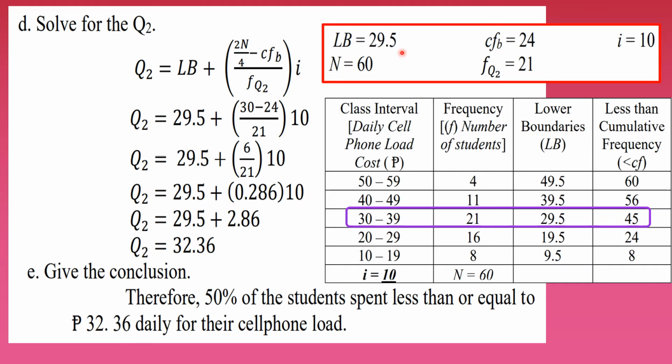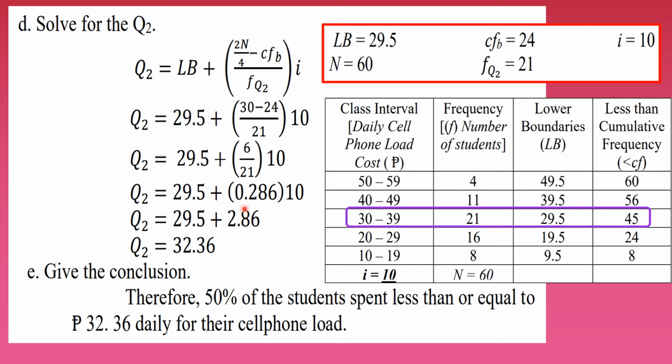Lower boundary or LB is equal to 29.5 plus 2 times n, that is 60. 2 times 60 is equal to 120, divided by 4 is equal to 30, minus CF sub B, which is 24, over 21, multiplied by 10. 30 minus 24 is equal to 6, divided by 21.